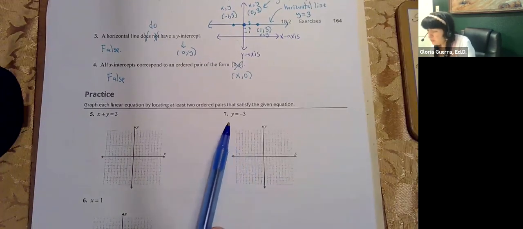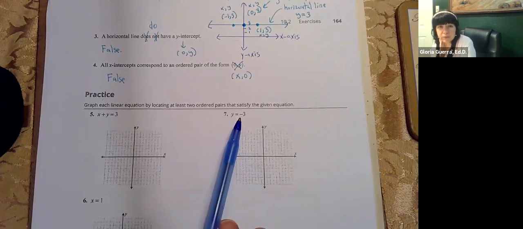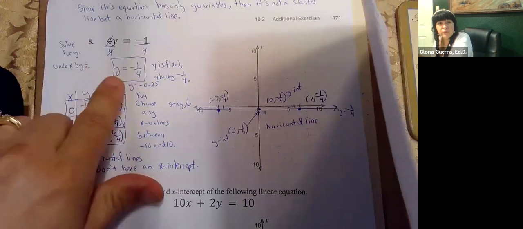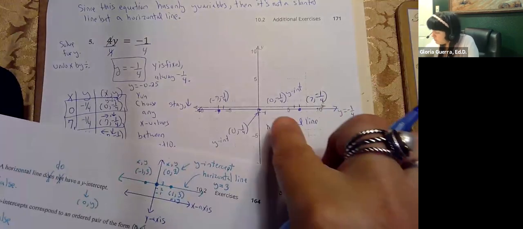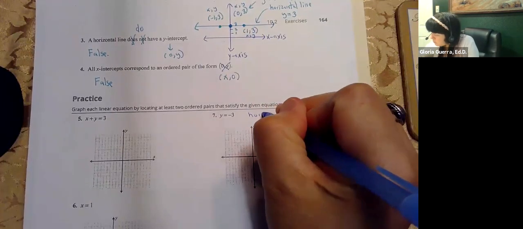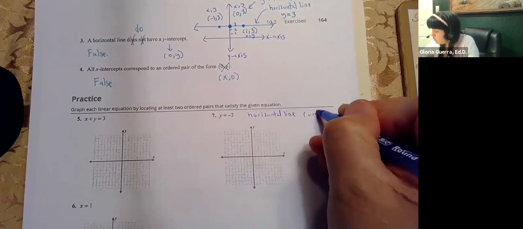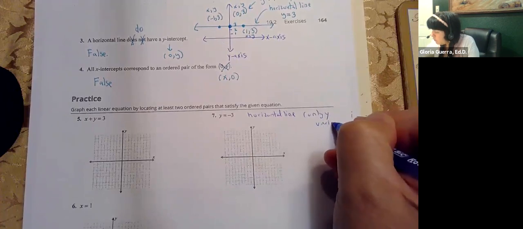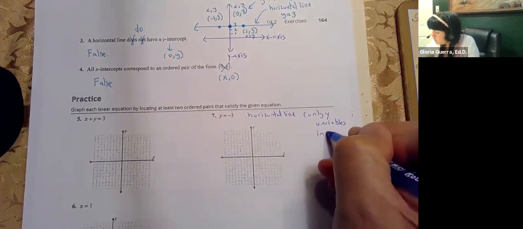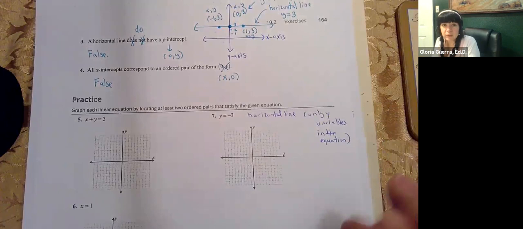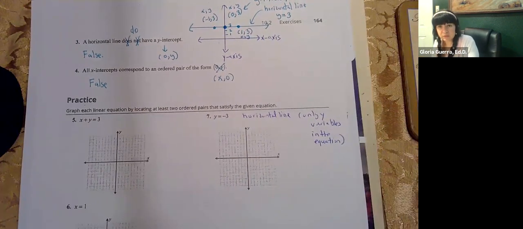See, like this one, y equals -3, and number 5, y equals -1/4. This is going to be a horizontal line because it has only y variables in the equation. So it's not going to be a slanted line, it's going to be horizontal.